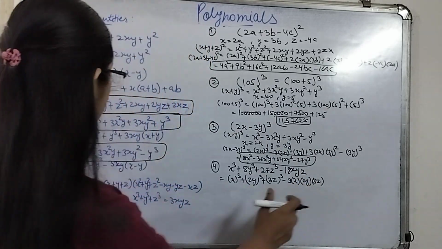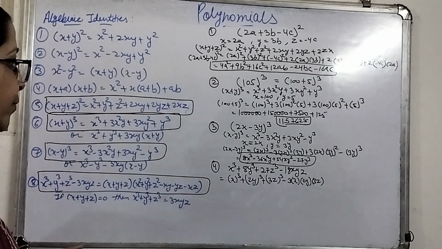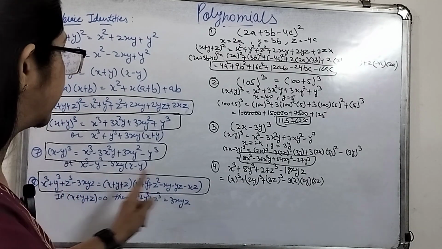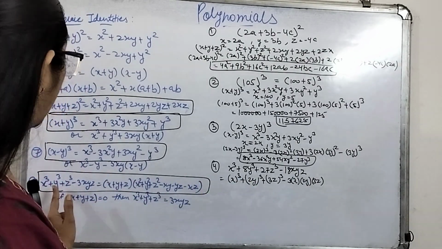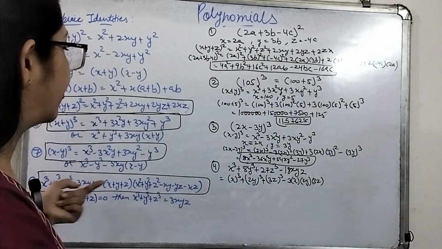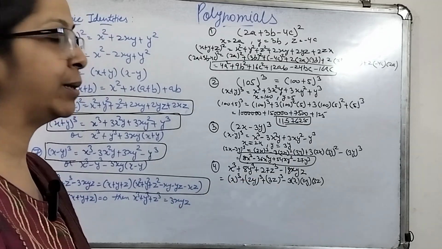Now if we see this and this, we can compare these two, right? So we will use this identity over here. x is equivalent to x only, y is 2y, z is 3z. So wheresoever x, we have to keep x only. Instead of y, we will replace 2y. Instead of z, we will replace 3z.